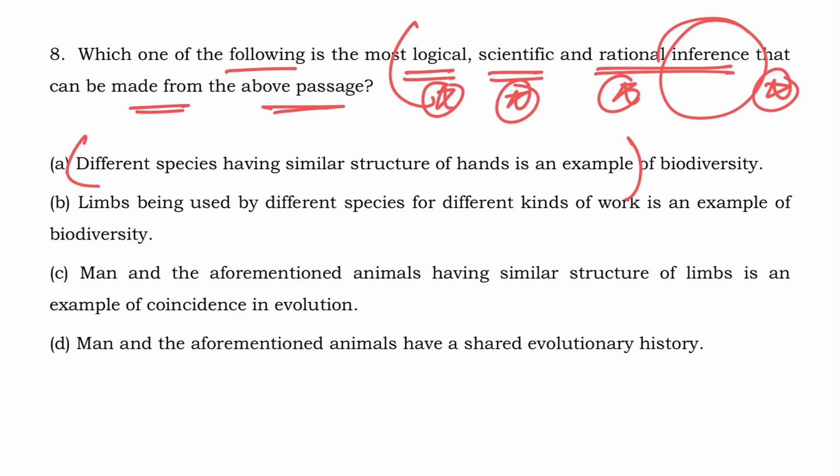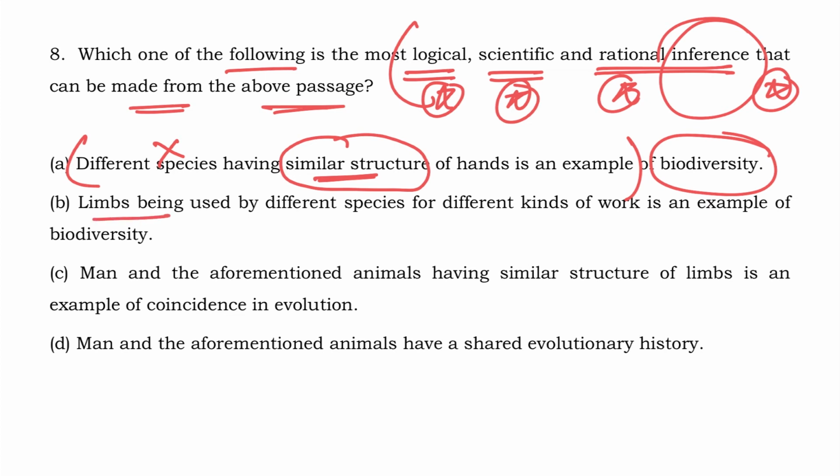See here friends, the statement is contradicting itself. Biodiversity means diversified things, but the statement is telling similar structure here. So option A can be eliminated here.